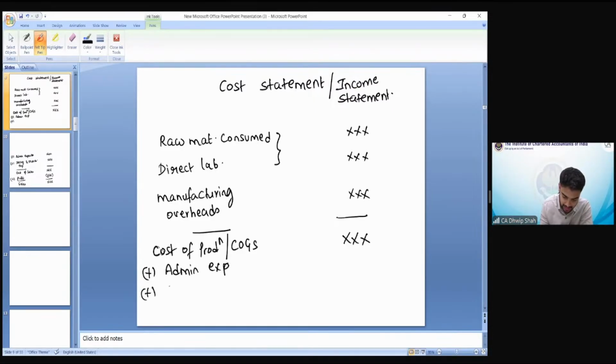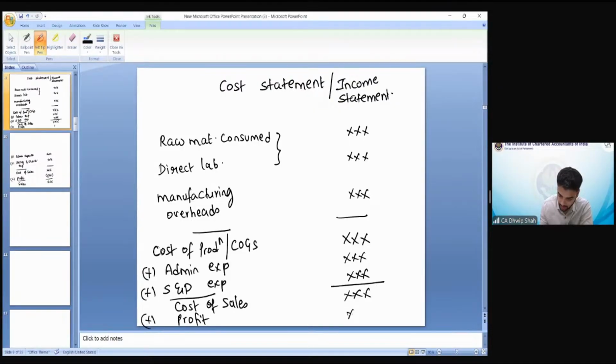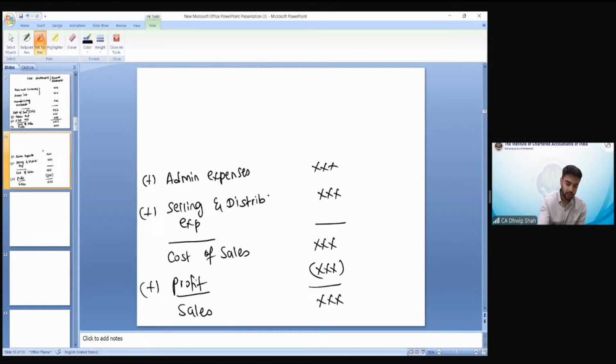You have S&D. S&D is selling and distribution expense, which comes to cost of sales. You add profit and you get sales. Now, a very important thing.